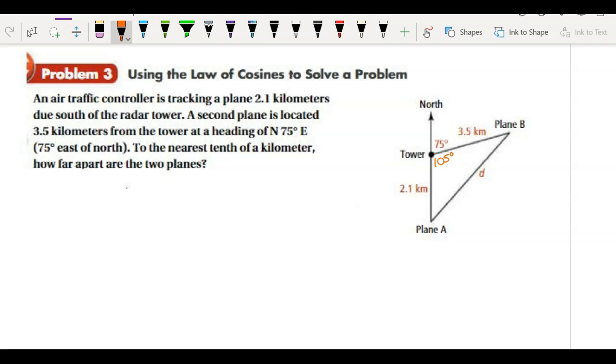So now I have everything I need. D squared is equal to, now remember it doesn't matter which leg you call A or B, 3.5 squared plus 2.1 squared minus 2 times 3.5 times 2.1 times the cosine of 105 degrees.